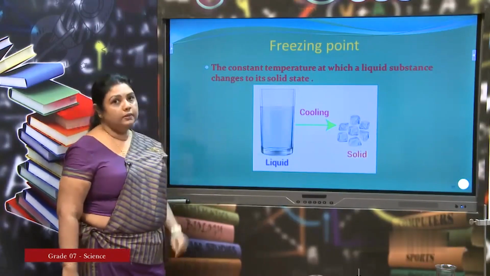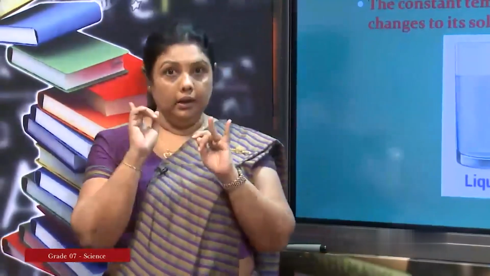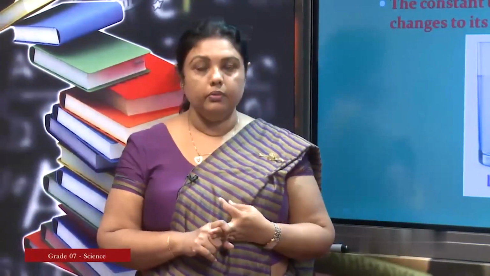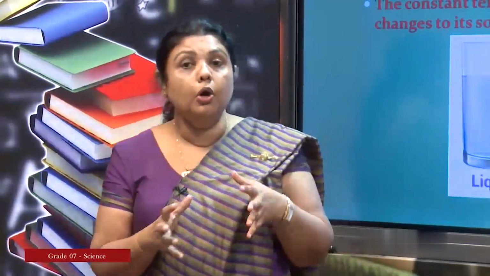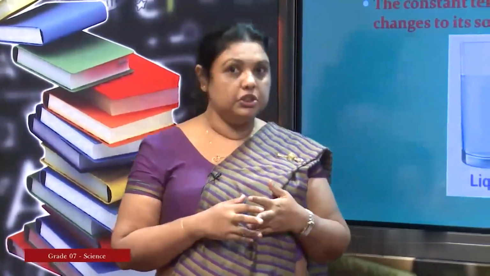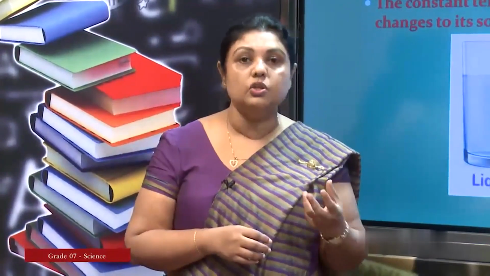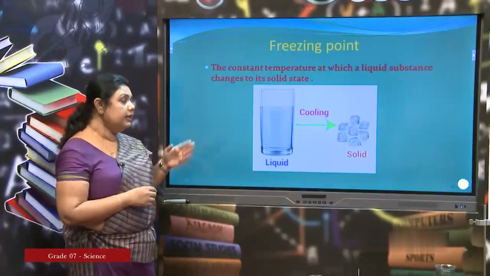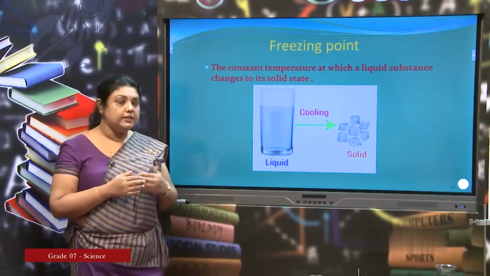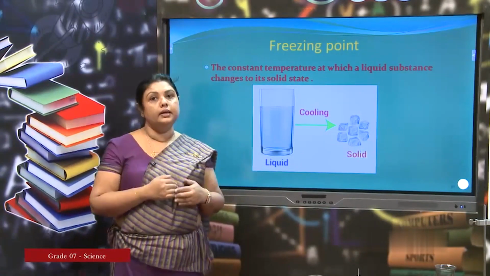Right. Freezing point. Now, we learnt about boiling point, then we learnt about melting point. This is freezing point. If you want to freeze something, if you want to cool something, what do you do? You have to keep it in the fridge. If you want to drink cool water, you put it into a glass or vessel and keep it in the fridge. If it is not the deep freezer, it doesn't freeze, because it solidifies below 4 degrees Celsius.